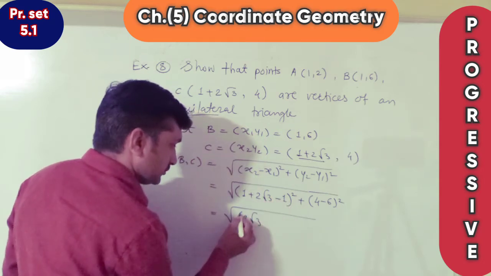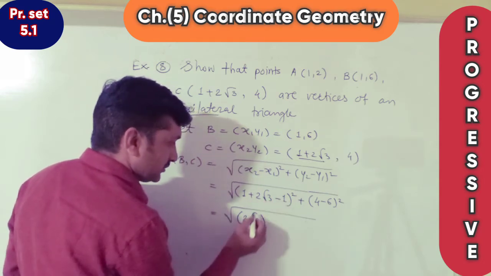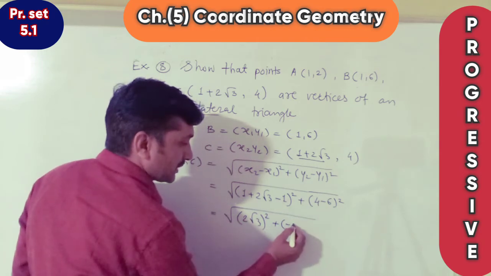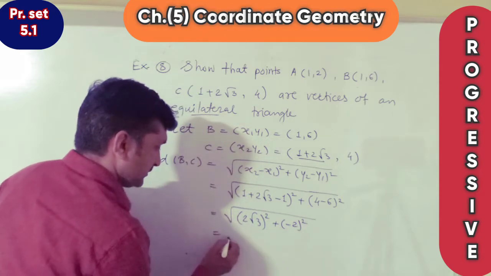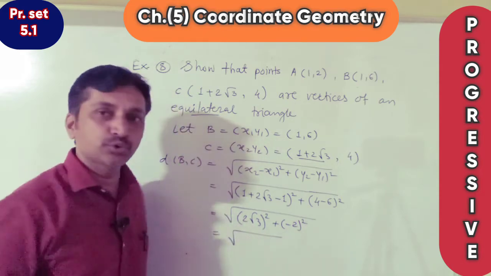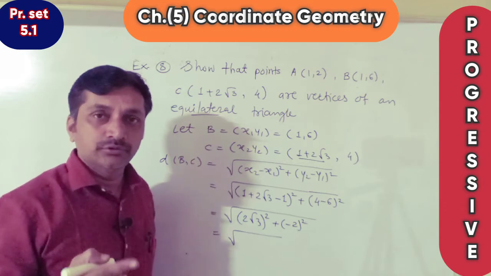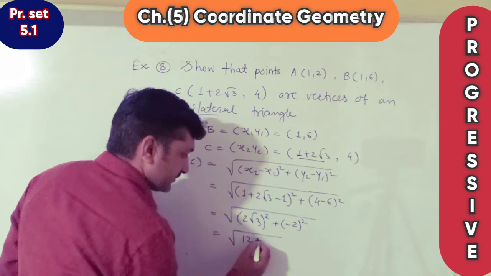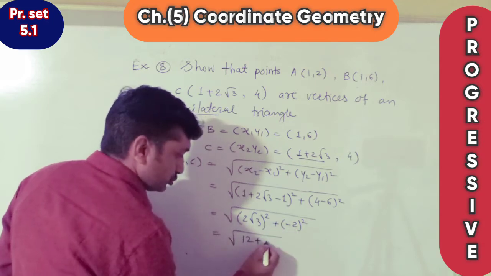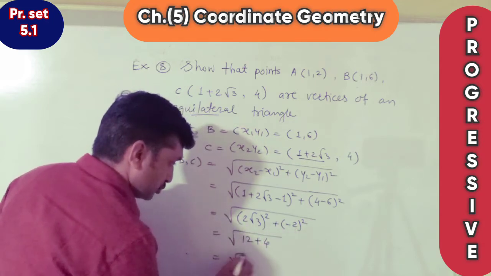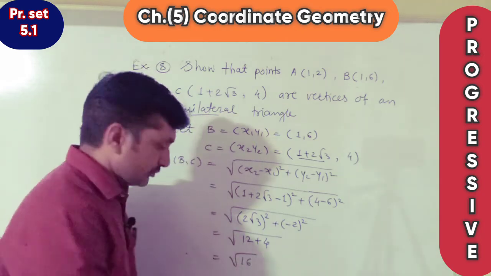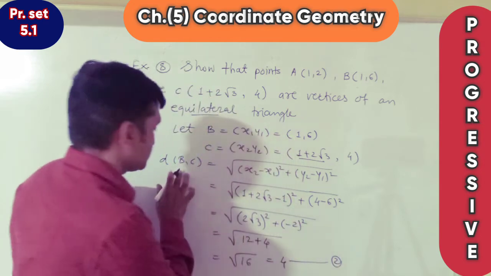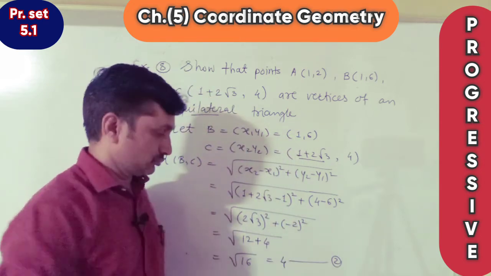Understood now? 1 minus 1 cancel, 2 root 3 is left, bracket square, plus 4 minus 6, minus 2 bracket square is equal to square root of, now square of 2 root 3, 2 2s are 4, 4 3s are 12, plus square of minus 2, 4, is equal to root 16, and root 16 is equal to 4. Number 2, distance BC is also 4.